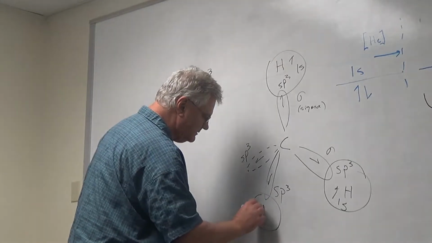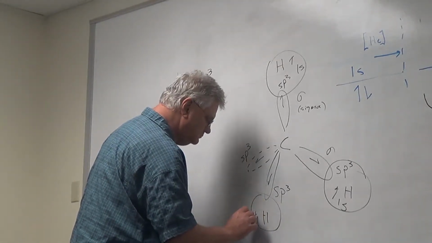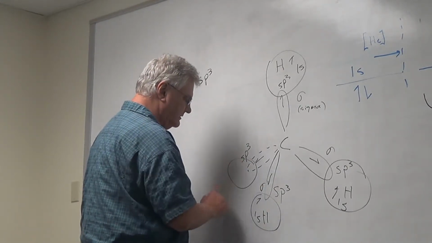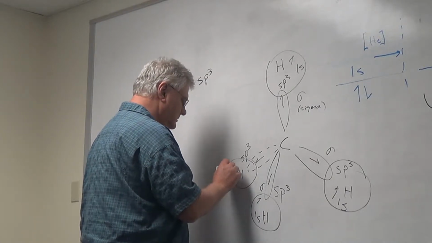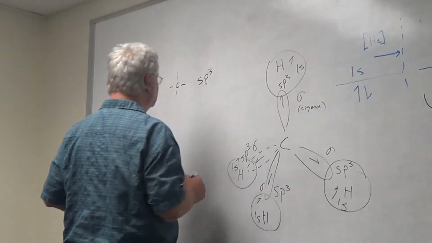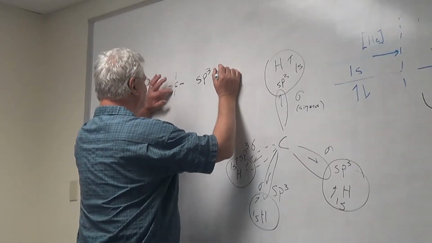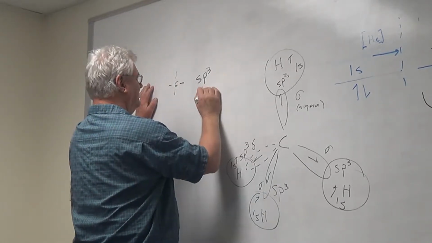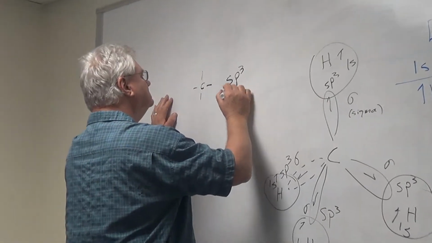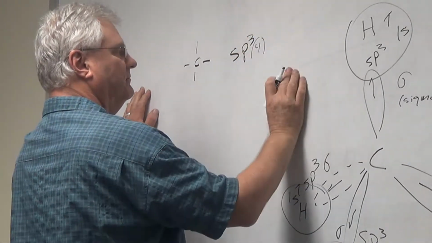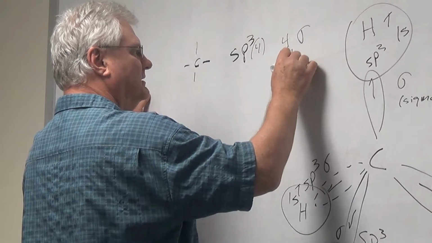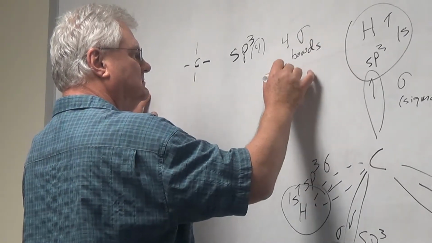If you have a hydrogen here, 1s orbital, 1 electron, there's a third sigma bond. And then back here, if you have another hydrogen, 1s orbital, 1 electron overlapping, that's a fourth sigma bond. And so, when carbon has 4 single bonds, it forms 4 sp3 hybrid orbitals, and they result in 4 sigma bonds, or head-on overlaps.